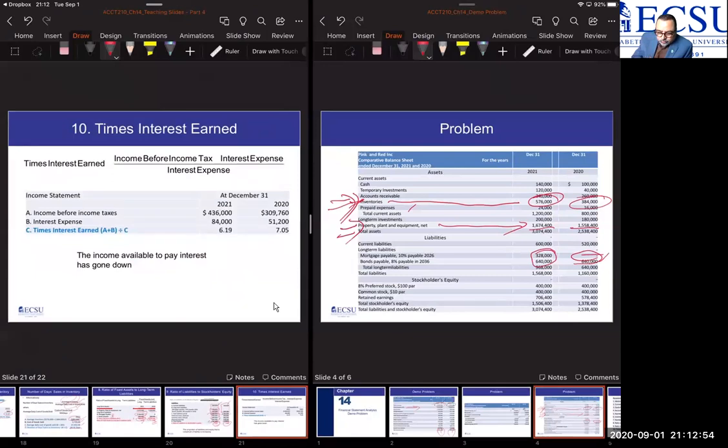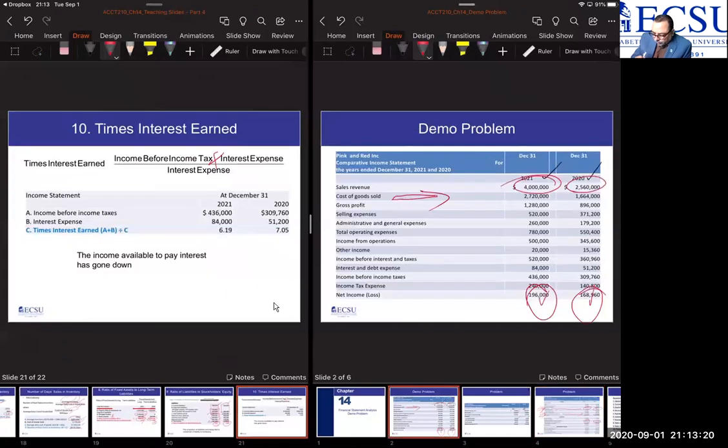The last ratio is the times interest earned ratio, that is income before income tax plus the interest expense divided by the interest expense. So now, as I said to you, this measures what is the available income to pay the interest. Of course, interest you will be able to get from the income statement.